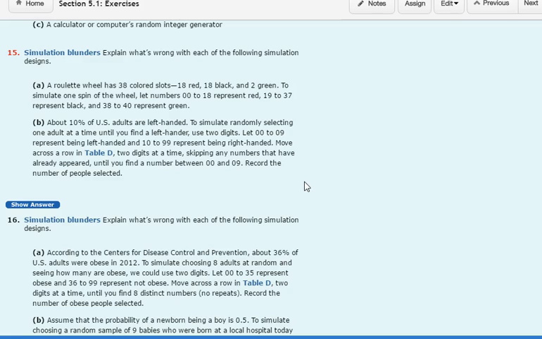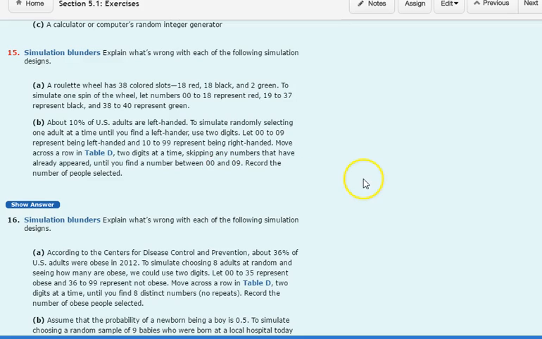The problem with this is a subtle one. 00 to 09 are 10 numbers, and 10 to 99 are 90 numbers. So the numbers are assigned correctly to appropriately represent the 10% of people who are left-handed and the 90% of people who are right-handed. The only thing that's wrong is it says go across the table 2 digits at a time, skipping any numbers that have already appeared.